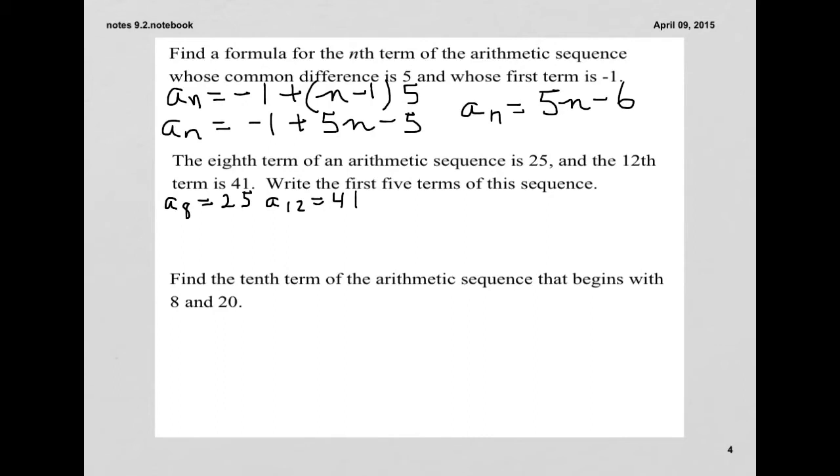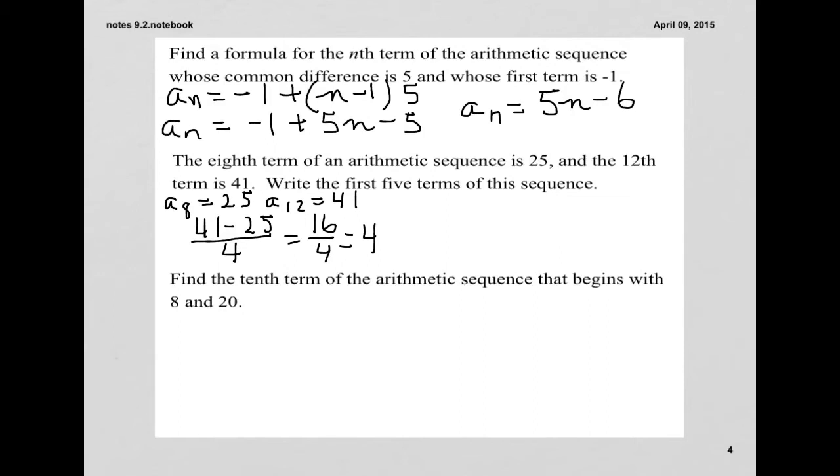The difference between the two terms is 4 terms. That means I need to find the common difference. So to do that, I would take the 12th term minus the 8th term and divide it by 4. That gives me 16 over 4, which equals 4. Now I know that my common difference is 4.